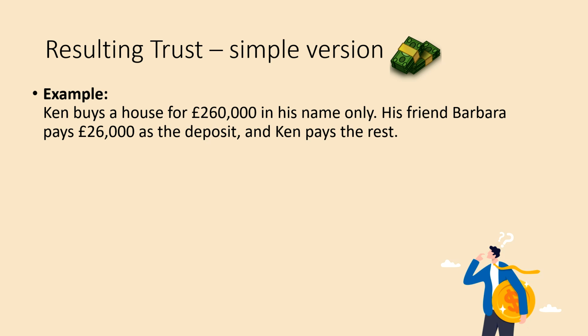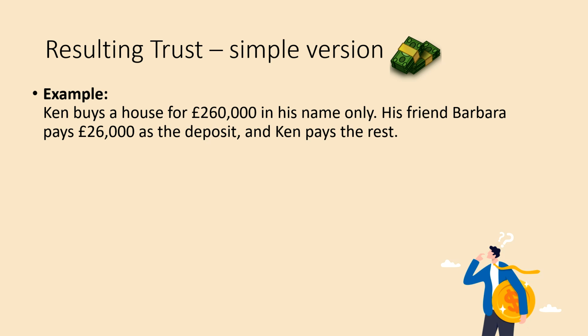Just another example to make this really clear. Let's say that Ken buys a house for £260,000, and this is put in his name only. His name is the only one that shows up on the legal title and everything. However, Ken was a bit short.